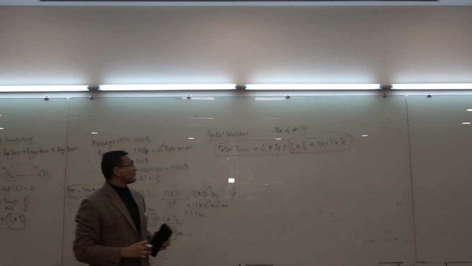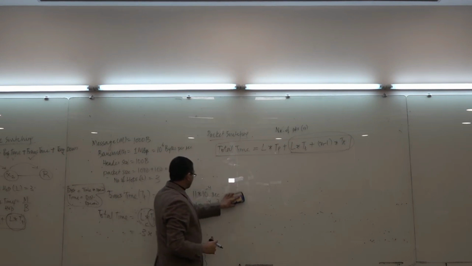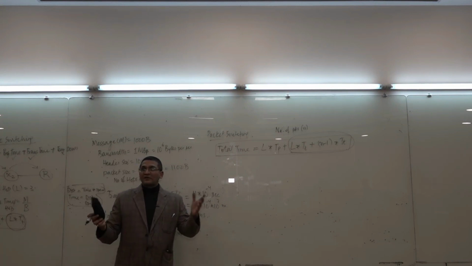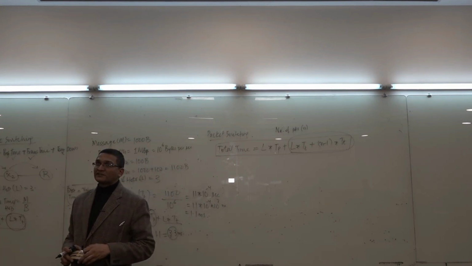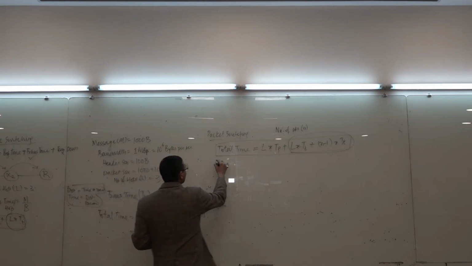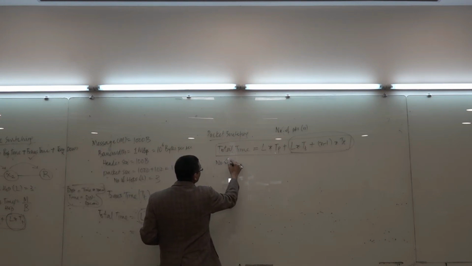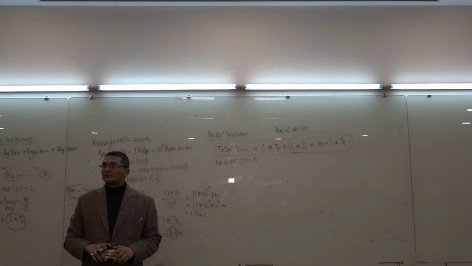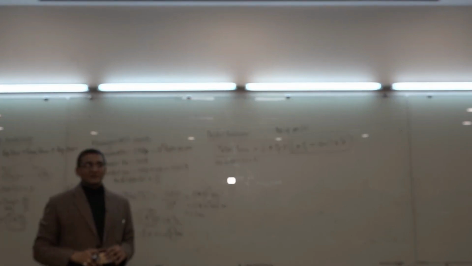Okay, so we'll take the first example. We have decided to divide the entire message into 5 packets. So the number of packets is now this. We have decided to send the message in the form of 5 packets.